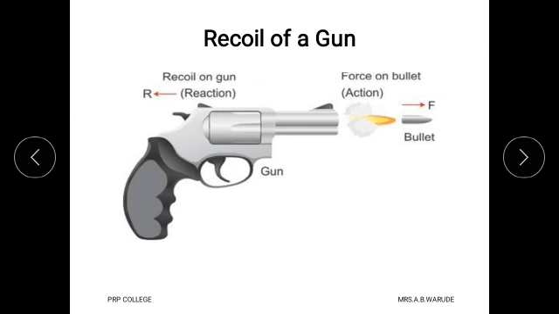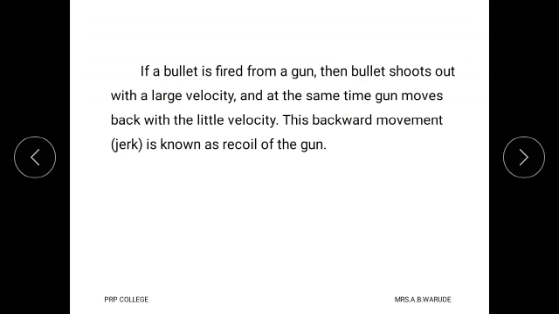From that we write: if a bullet is fired from a gun, then the bullet shoots out with a very large velocity, and at the same time the gun moves in the backward direction with a little velocity, and this backward movement of the gun is known as the recoil of the gun.